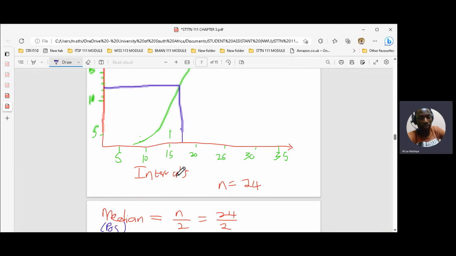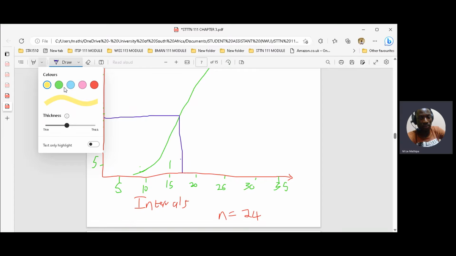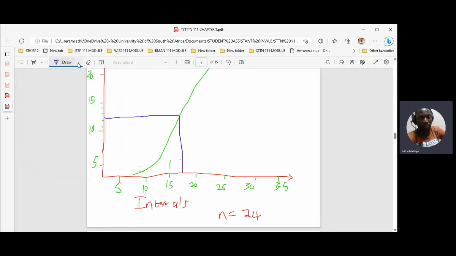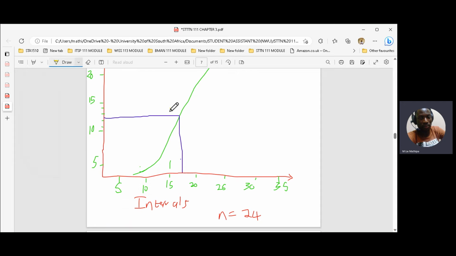Then let's check 6. Let me just use a different color for that. So if we check here, you can just say 5, 6, 7, 8, and then 9.